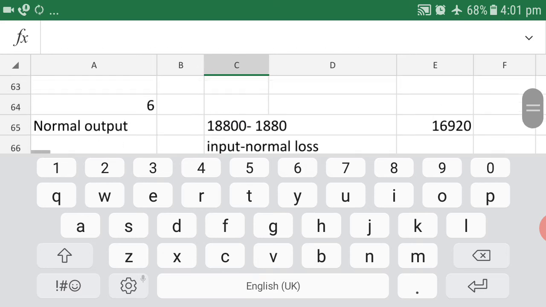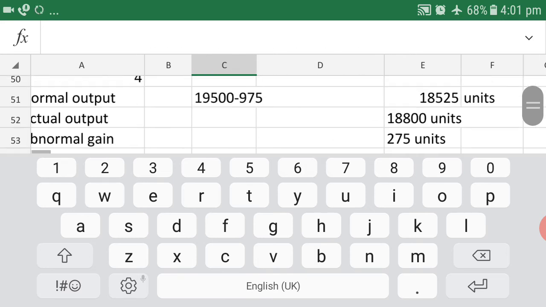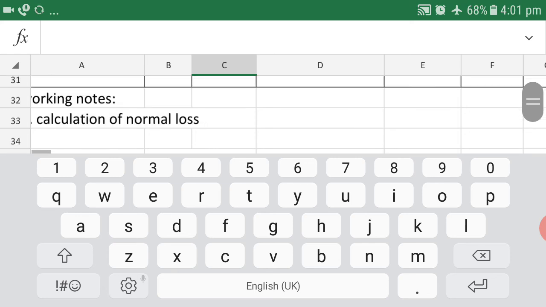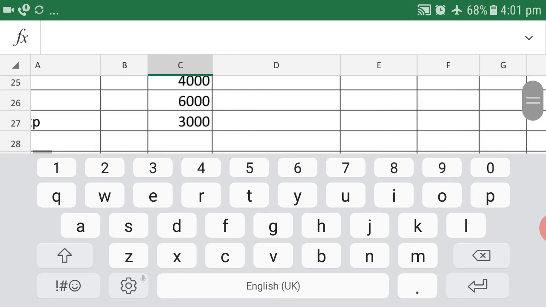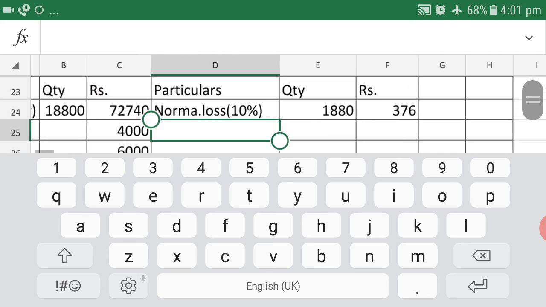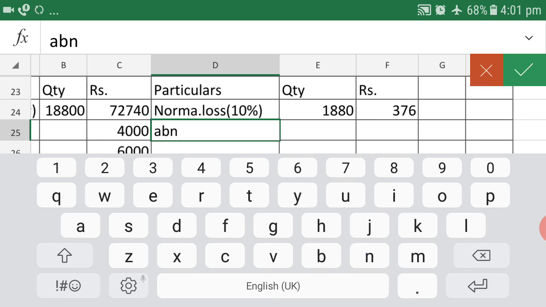Let's move to the table. Abnormal loss should be shown on the credit side of the process account. Write abnormal loss and, in brackets, the working note.